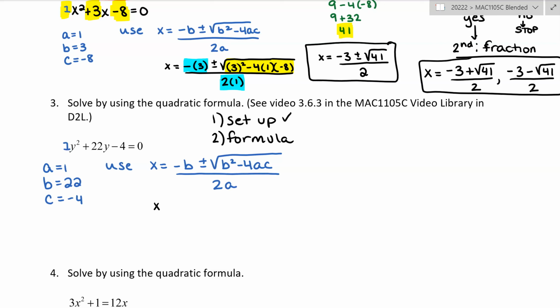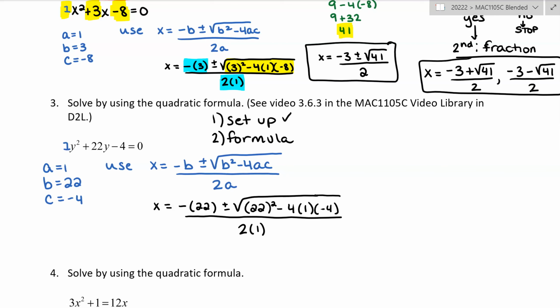So I have x equals -b, so negative times 22, plus or minus the square root of b squared, so 22 squared, minus 4 times a times c. So a was 1 and c was -4, all over 2a.